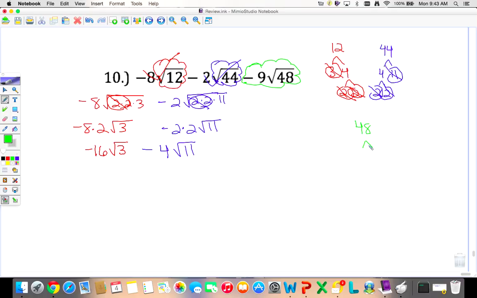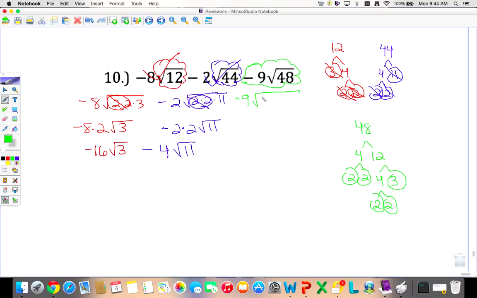Last part is negative 9 square roots of 48. So I'm going to go ahead and do 48. 48, we can do 4 and 12. 4 is 2 and 2. 12 is 4 and 3. 4 is 2 and 2.